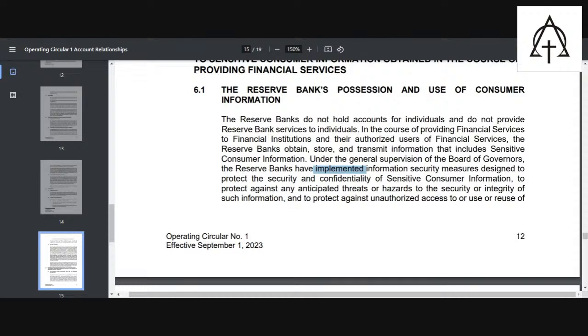Have implemented information security measures designed to protect the security and confidentiality of sensitive consumer information, to protect against any anticipated threats or hazards to the security or integrity of such information.